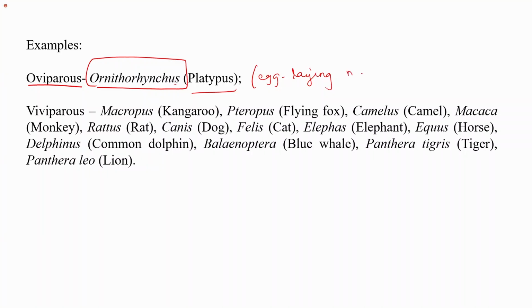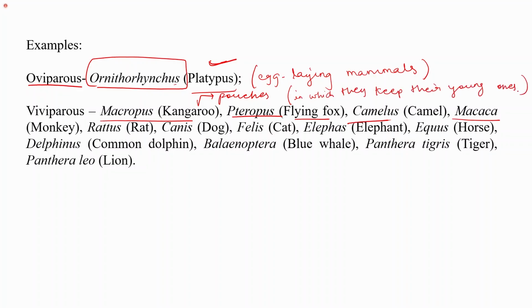Viviparous examples include Macropus, the kangaroo, Pteropus, the flying fox, Camelus, the camel, and Macaca, the monkey. For the kangaroo, I would like to mention that they have pouches in which they keep their young ones.